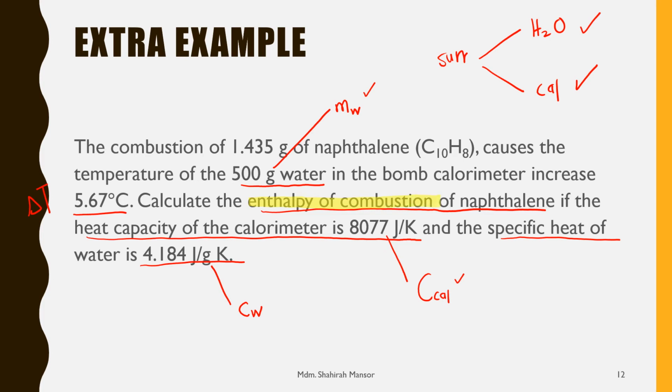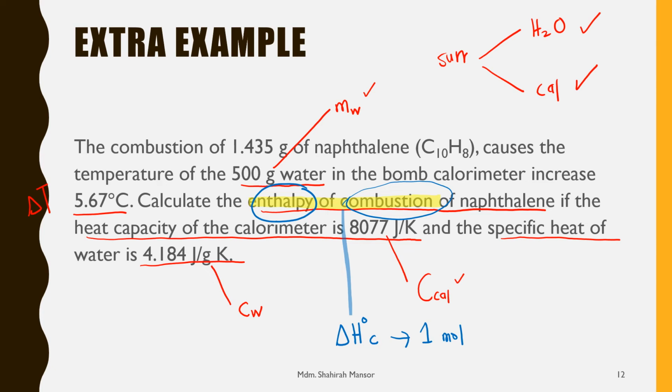Okay, so apakah enthalpy of combustion? Simbolnya apa? Simbolnya adalah delta H naught combustion. Okay, so bila nampak aja enthalpy, maksudnya soalan ni minta awak cari untuk berapa mol, you have to find untuk 1 mol. Okay, 1 mol apa? Since ini adalah enthalpy of combustion, you may refer to the definition of enthalpy of combustion.